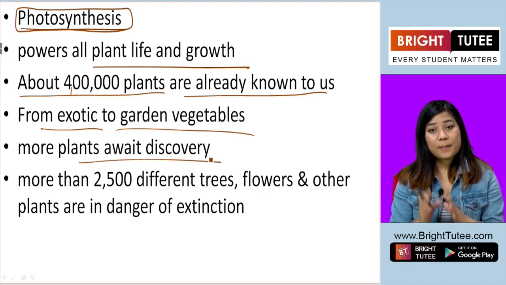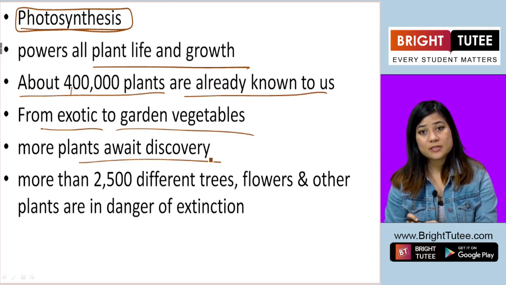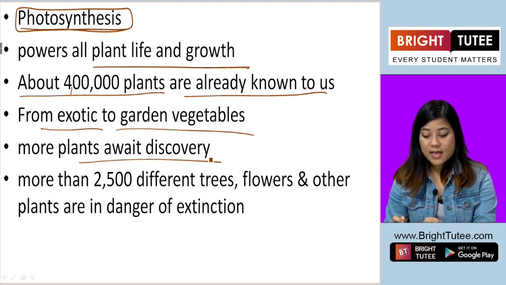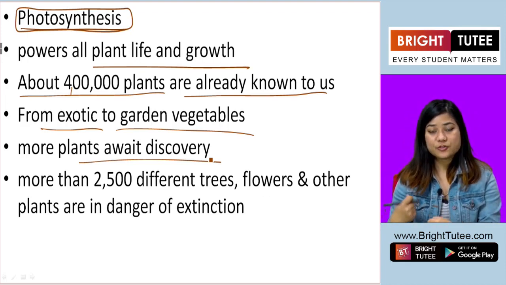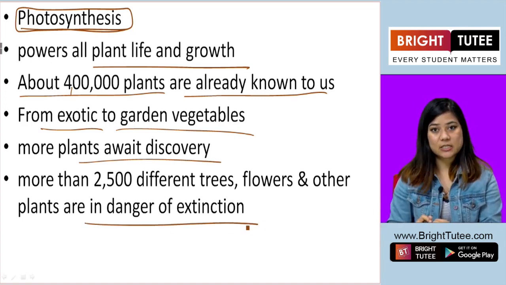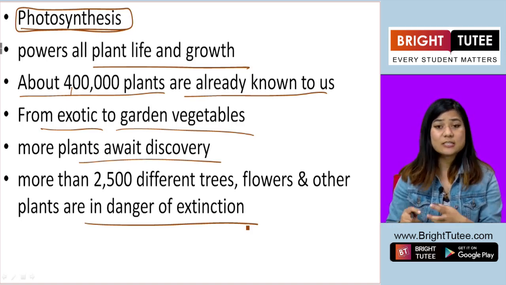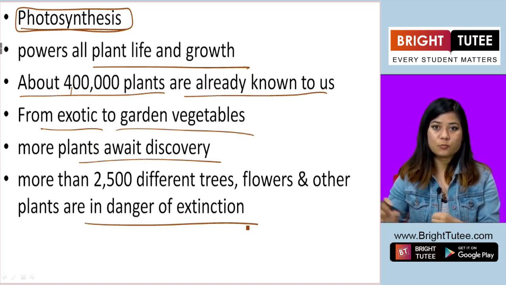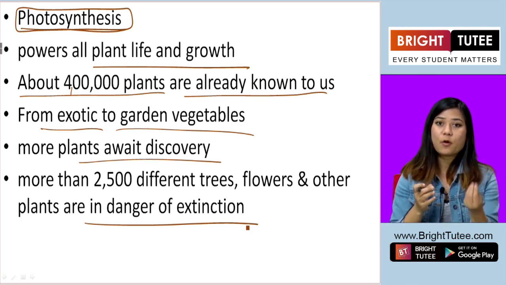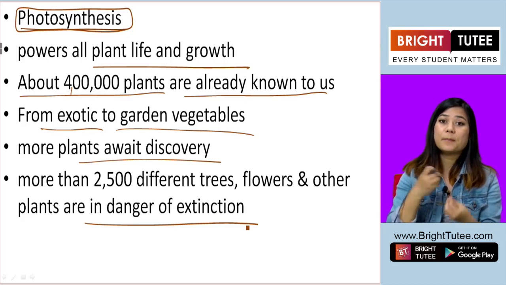And apart from the plants which are known to us and those not known to us, there are also other plants, trees and flowers which are in danger of extinction. They're almost going to be extinct. Extinct means once that type of plant disappears, there is no way it is going to come back.